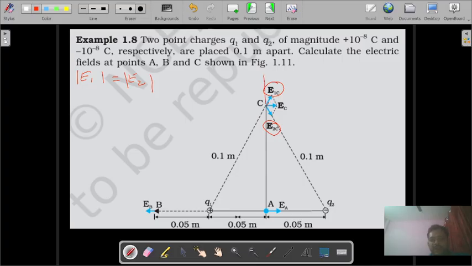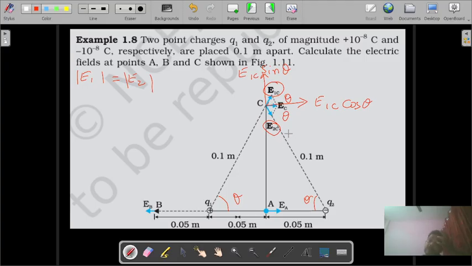So we get here E1C and here also we'll get a component of E1C. Consider this angle to be theta. Since it's an isosceles triangle, this angle would also be theta. So both the angles are theta. I break E1 into two components. Here I get E1C cos theta and here I get E1C sin theta.